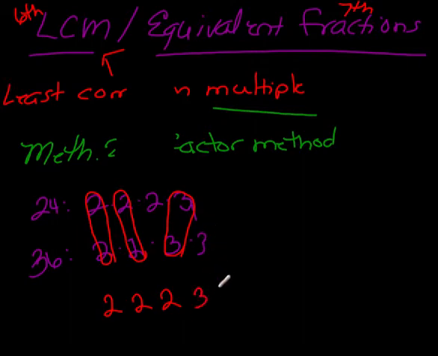And this one is by itself, but I still write it down. Okay? You see that? Now I'm going to take all of these numbers and multiply them together. What's 2 times 2? Well, that's 4. 4 times 2, 8. 8 times 3, 24. 24 times 3 gives us 72.